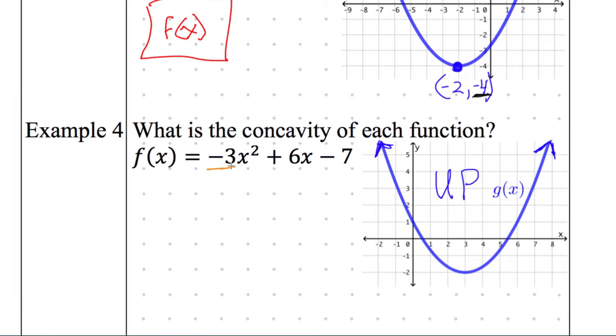So everyone underline this -3. This means it is concave down. You only care about the leading coefficient, that first number. Everything else, I don't care about. Just that first number. If it's negative, down. If it's positive, up. It's that simple.